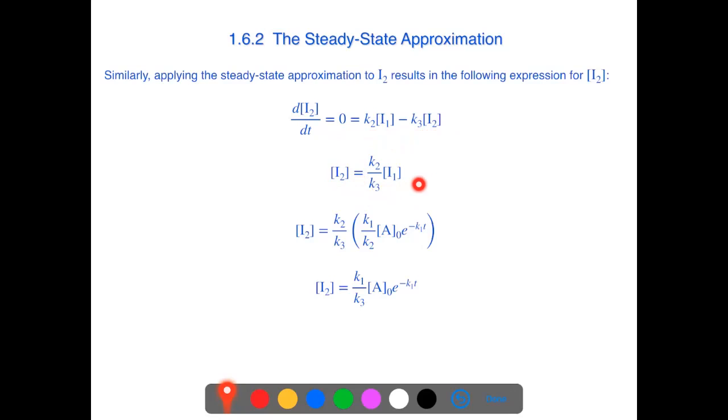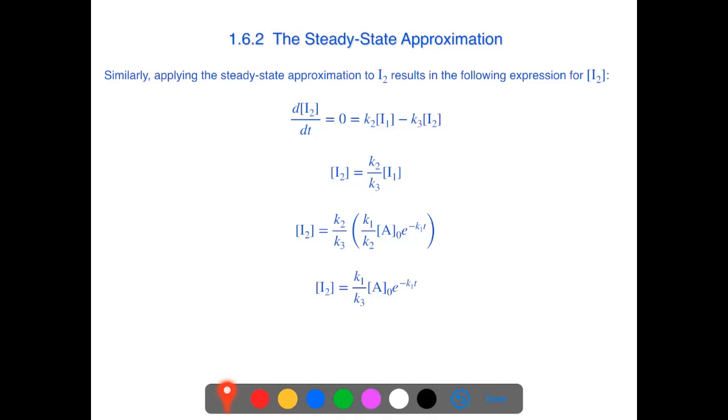Now we just solved for the concentration of intermediate 1 by applying the steady state approximation for that intermediate species, and we just solved it as the following term that we ended up with: K1 over K2 times the initial concentration of A multiplied by the exponential to the minus K1t.